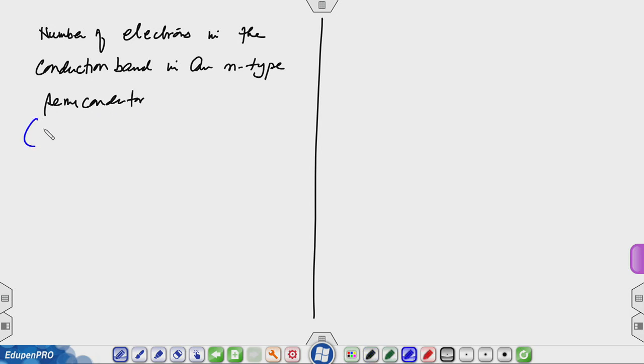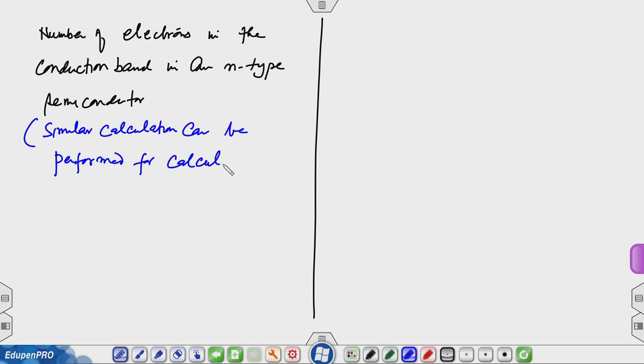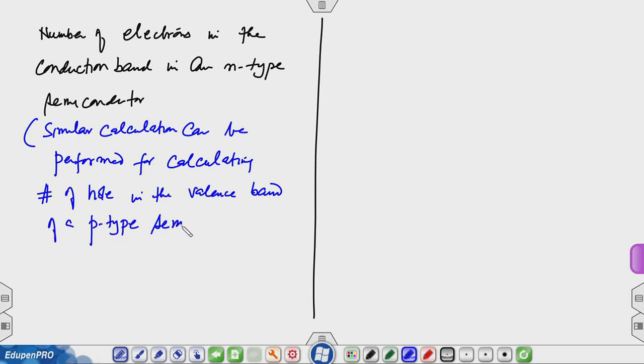And let me note, a similar calculation can be performed for calculating the number of holes in the valence band of a p-type semiconductor.